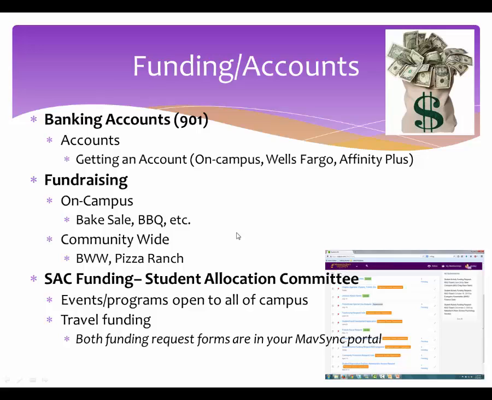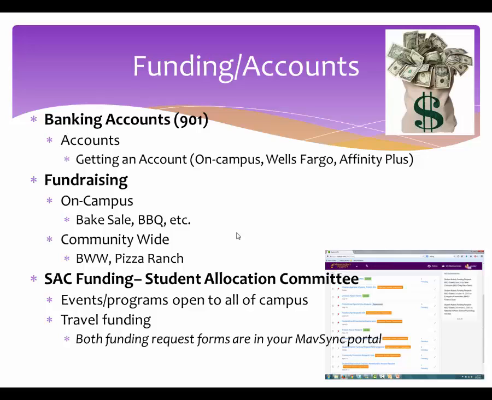You also have the ability to fundraise both on and off campus. On campus, groups oftentimes do bake sales, barbecues, different things that can bring in money. You might do even necklace making or bracelet making or pretty much anything you can think of. You have 3 permits per semester that you can use.